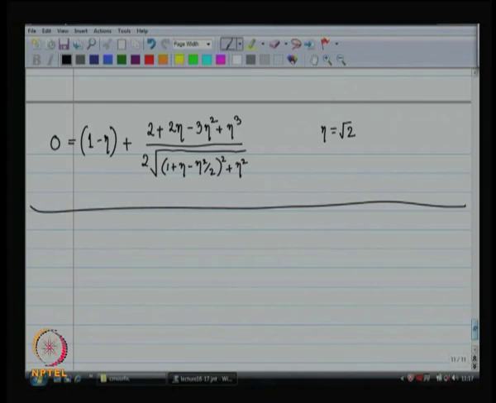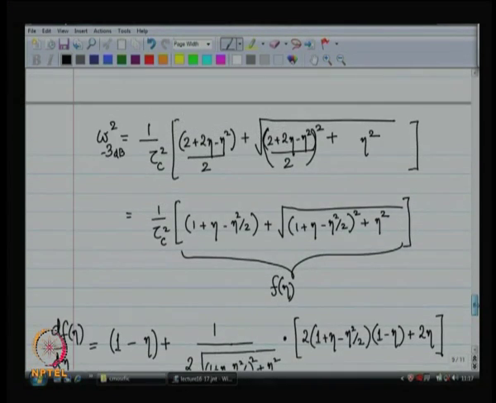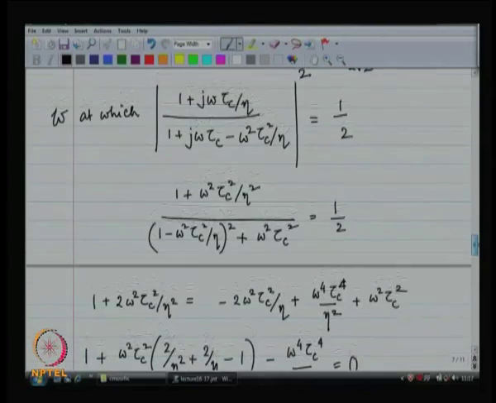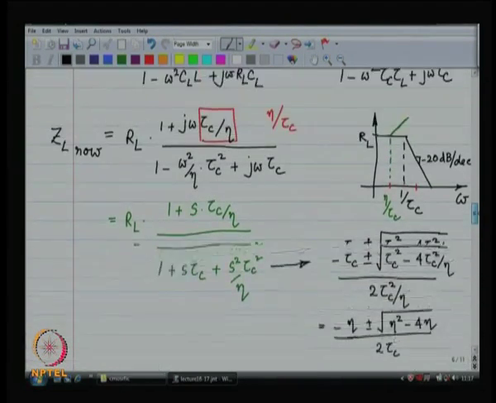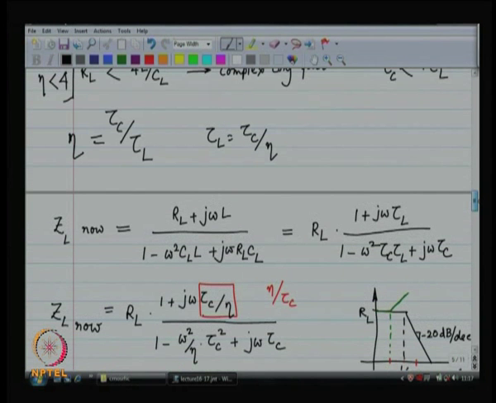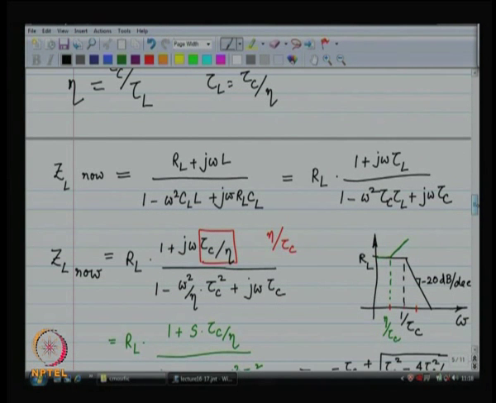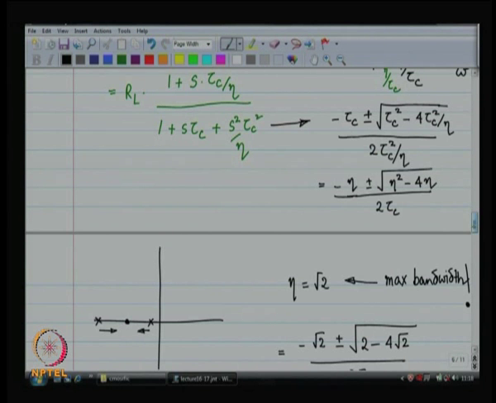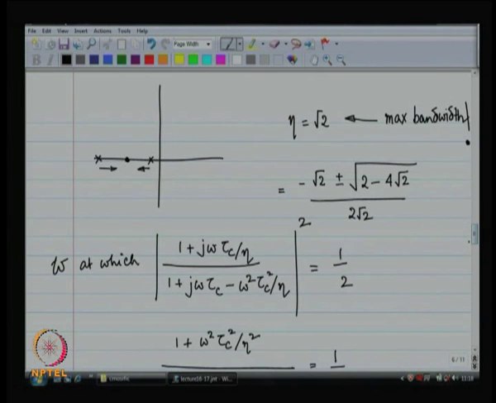So, what does your transfer function look like when you plug in eta equal to root 2? Or rather, where do the poles and zeros show up when eta is equal to root 2? You get the two poles to be at these two complex locations, right. Remember, we did this in the previous class.